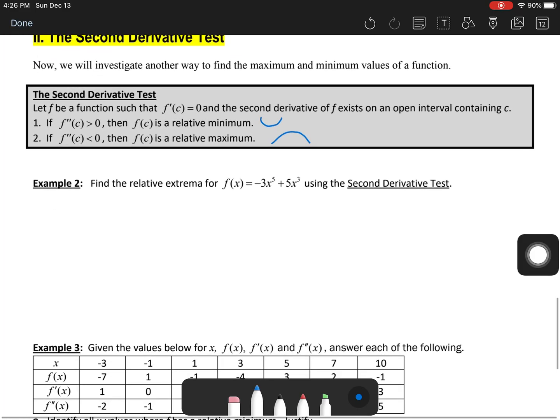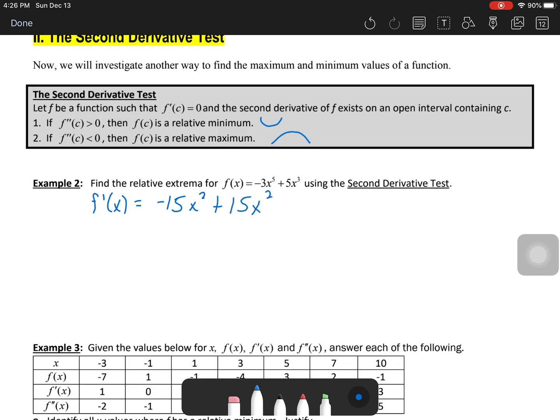So for this example, we start like we always do. We find the first derivative, and we get negative 15x to the fourth plus 15x squared. Oops, this was supposed to say to the fourth here. Now we set that equal to 0. There aren't going to be any undefined values for our critical numbers, so we don't have to worry about that.